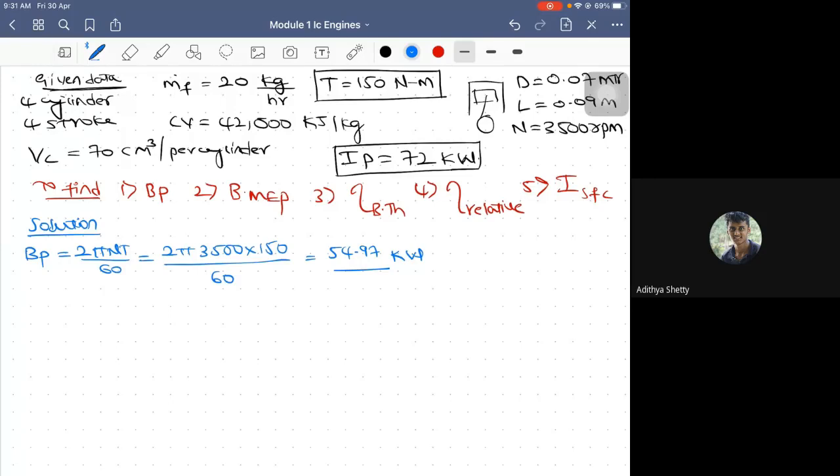That was easy. Next, what do you have to do? You have to calculate. This was first, isn't it? Next, what you have to calculate? The brake mean effective pressure. So how do you calculate brake mean effective pressure?